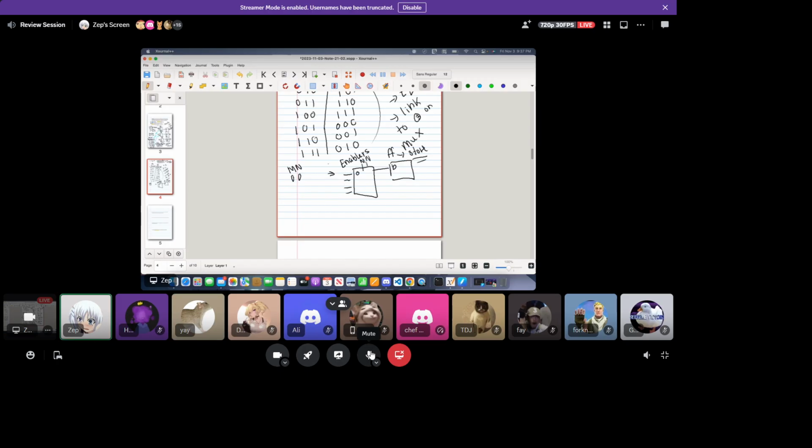When M and N is 0, 1, it switches this one off, turns this one on. Whatever value is stored there will be registered into the D flip-flop, and so forth with the rest. Does that kind of explain it?